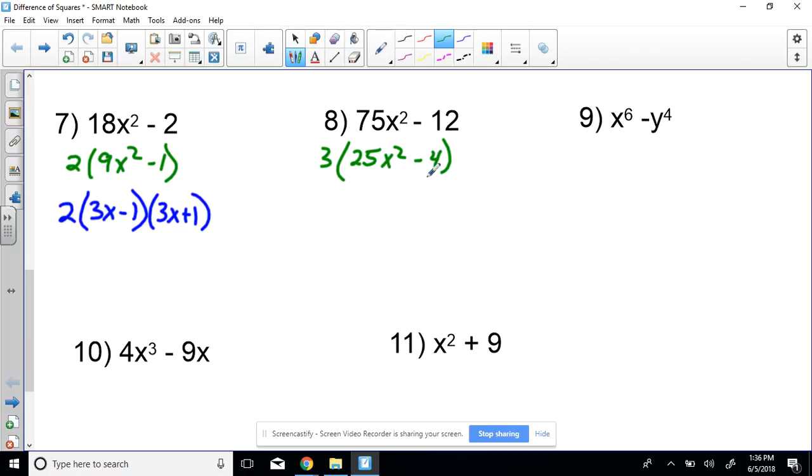Now, we can take the square root of everything inside the parentheses. So we say 3 parentheses, square root of 25 is 5x minus square root of 4 is 2 times 5x plus 2.